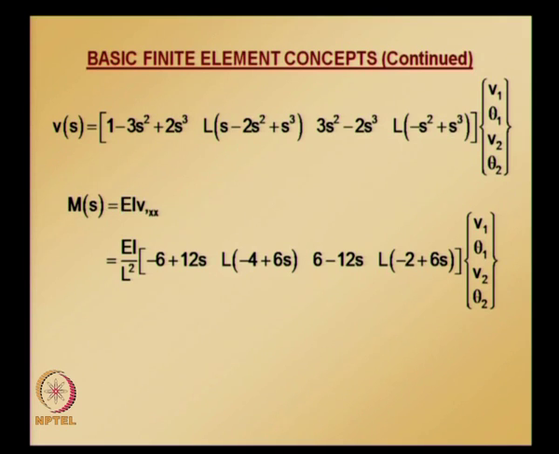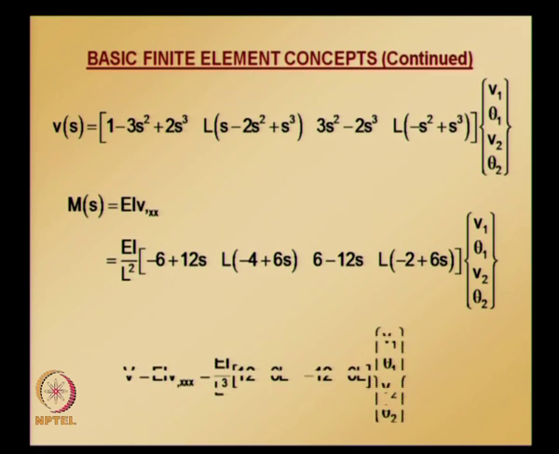Similarly, shear at any point along the beam length we can obtain using this equation, EI times the third derivative of transverse displacement. So taking the transverse displacement derivative 3 times and multiplying with the flexural rigidity EI, we get this equation.